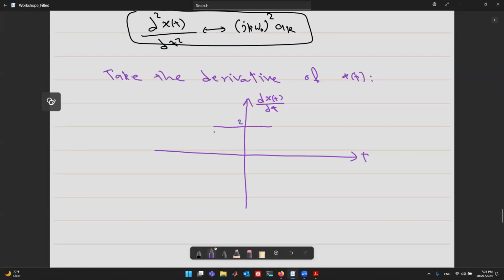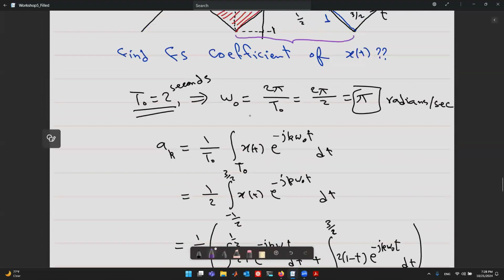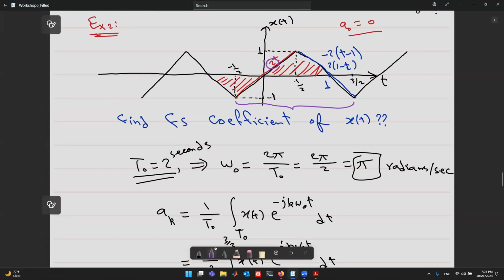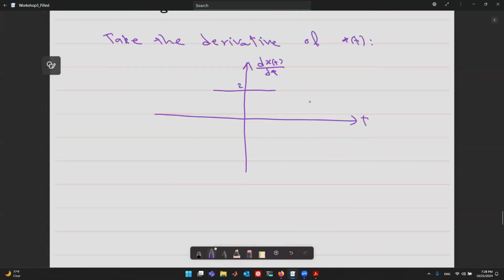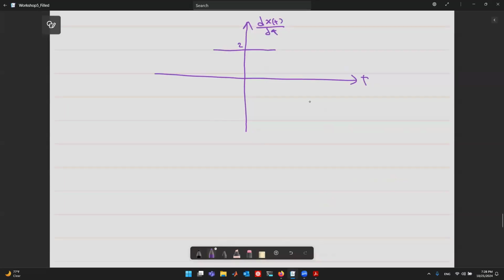This is 2 from -1/2 to 1/2, right? From -1/2 to 1/2, and then it will be -2.